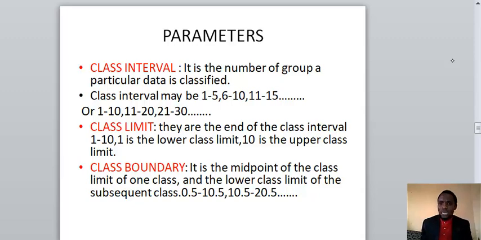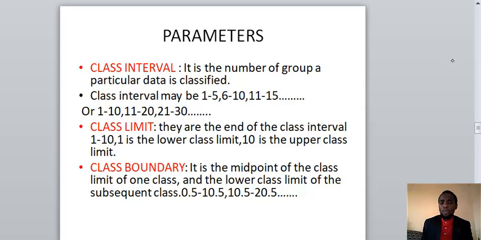Like that one that we just presented, we can have the data grouped into 1 to 5, meaning all the numbers that are between 1 and 5, we put them under this group. Then we have 6 to 10, 11 to 15, 16 to 20, and so on and so forth. Or we can increase the range between them to 10: 1 to 10, 11 to 20, 21 to 30, 31 to 40, and so on and so forth. So that is the class interval.